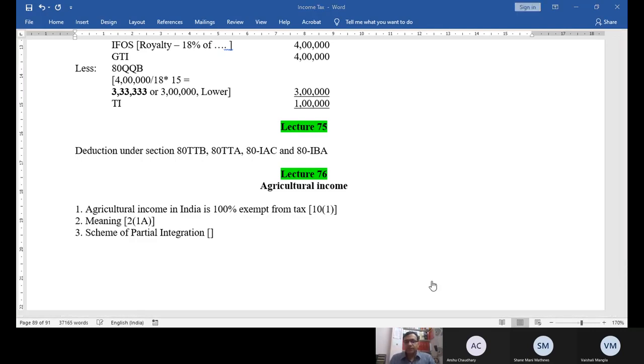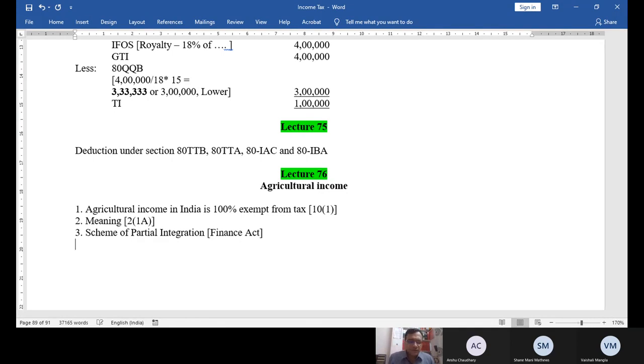Wait a second, please. Now this is given in the Finance Act. It is known as the scheme of partial integration.